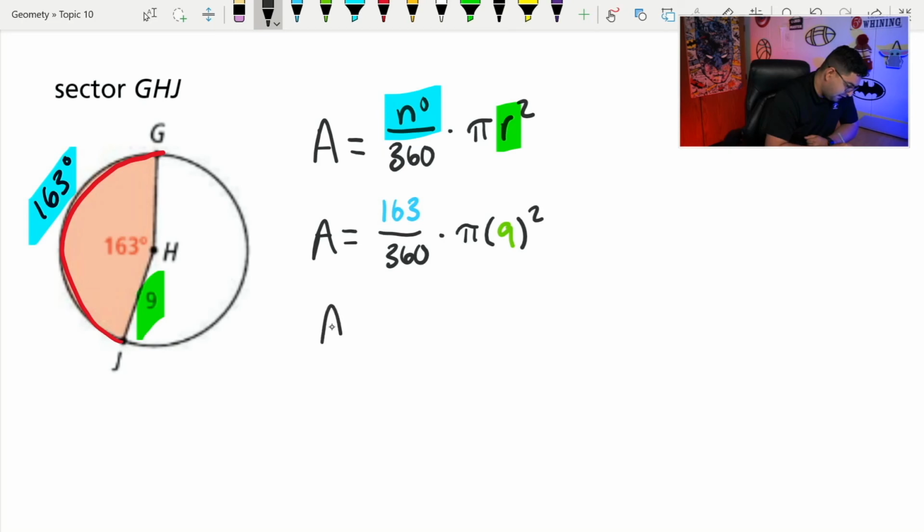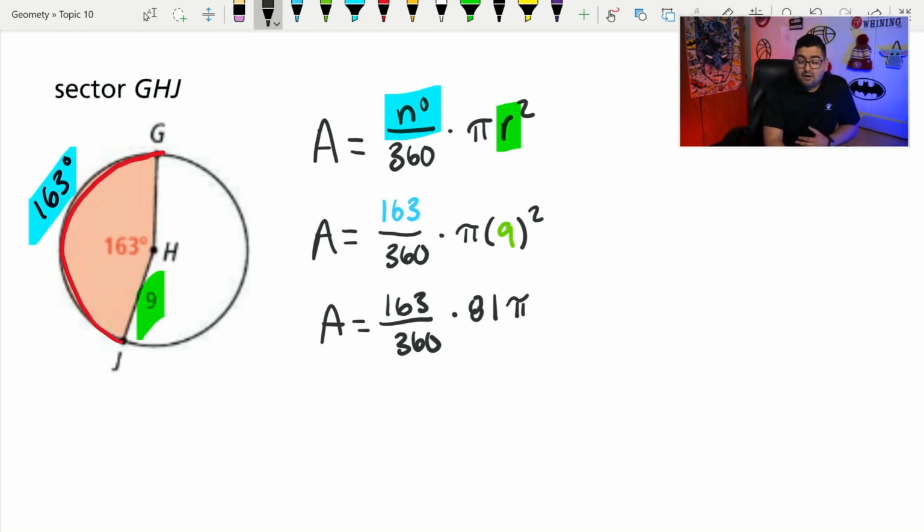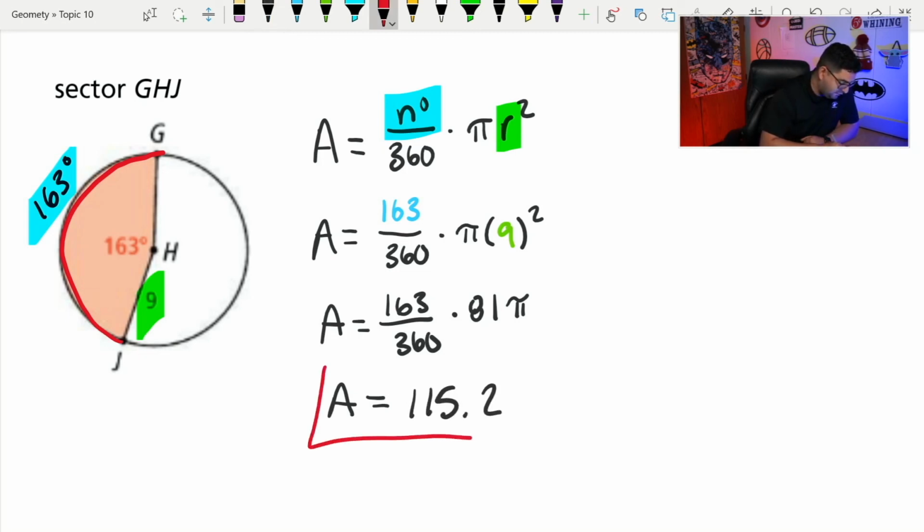So I'm left with A equals 163 over 360 times 9 squared, which is 81 pi. Again, multiplying this all out on a calculator, 163 divided by 360, then we multiply by 81 and pi, you would get 115.2. And that would be the area of our sector.